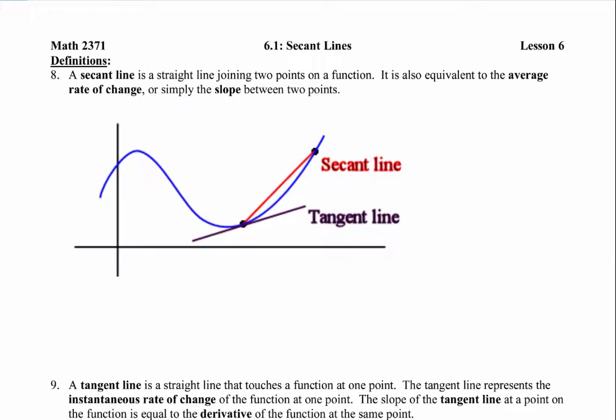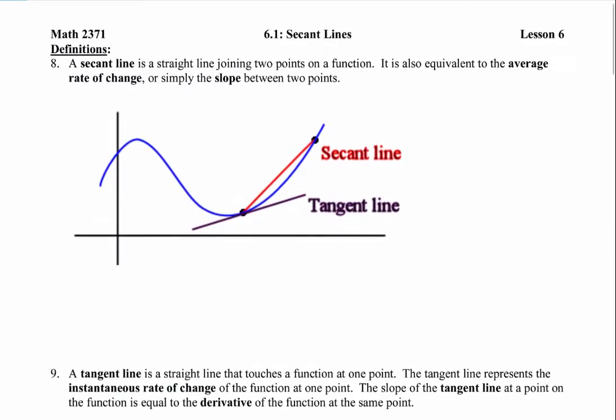This is also known as the average rate of change, or simply the slope between any two points of the function. So right here is our secant line.